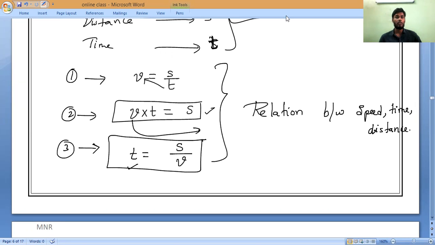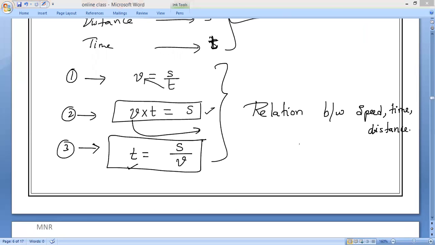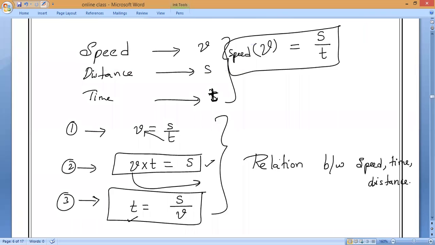Till here, write it, everyone, please. Write it fast, any doubt you can ask. These equations are the relation between speed, time and distance.